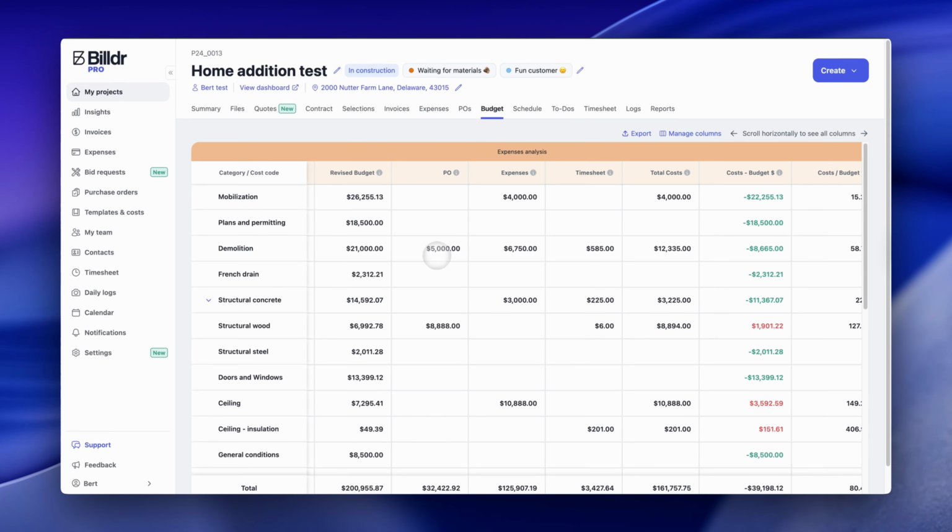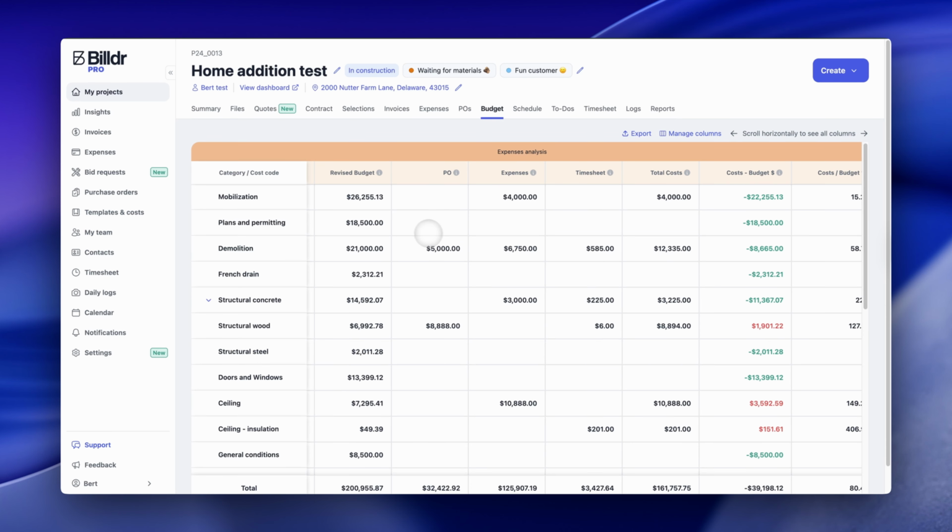Now, when we create purchase orders from this element of the project, when subcontractors send us invoices and we record those, it's going to automatically show up here. When folks from the field upload expenses and categorize them for demolition, it'll show up here.